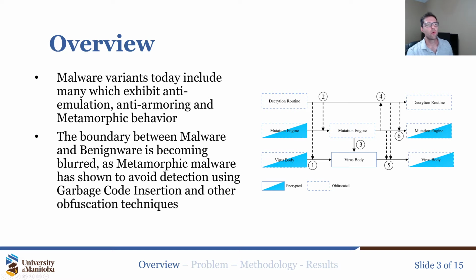As a general overview of the problem, in the context of cybersecurity and malware detection, malware variants today include many behaviors that we can attribute to something called anti-emulation or anti-armoring behavior. As practitioners or researchers, we want to investigate malware to find exactly what's going on.